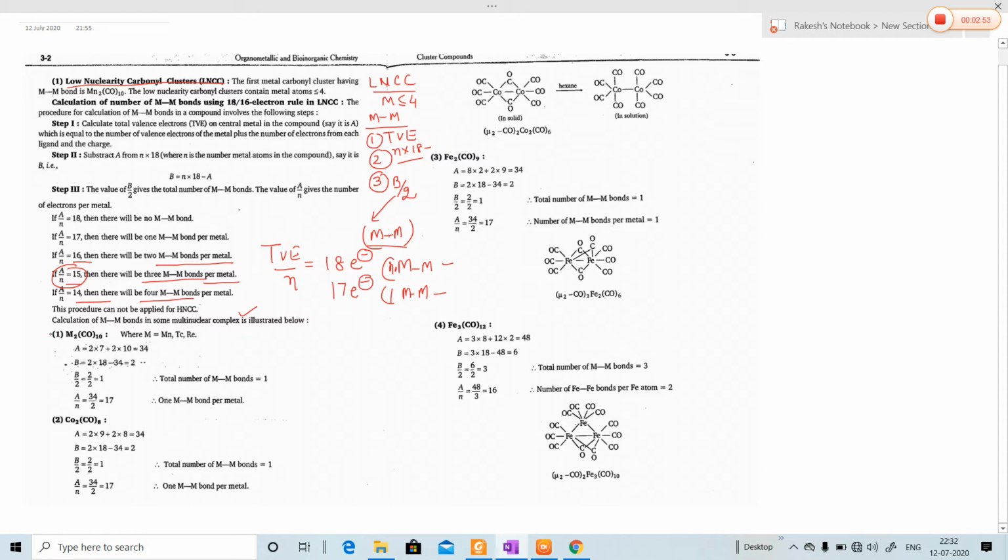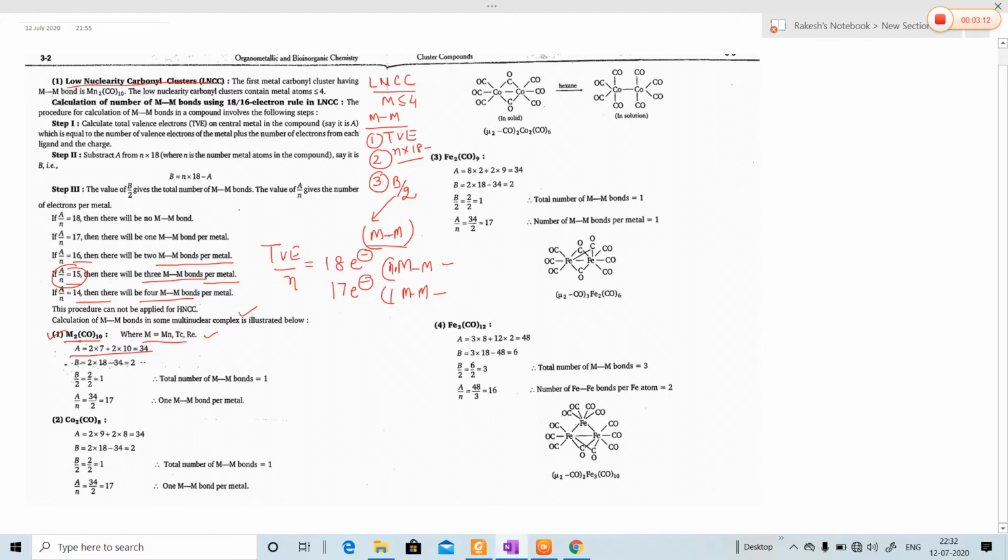So these are a few examples of low nuclearity carbonyl cluster, and the first one is M2(CO)10, where the metal may be manganese, technetium and rhenium. The first step is total valence electron in the molecule.